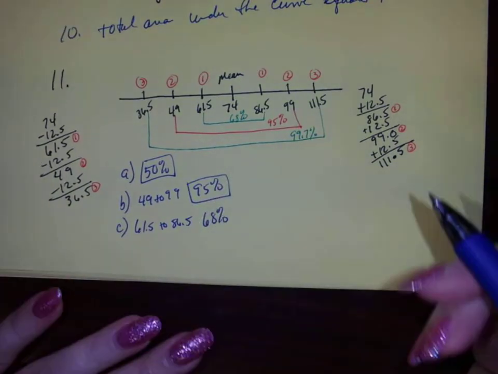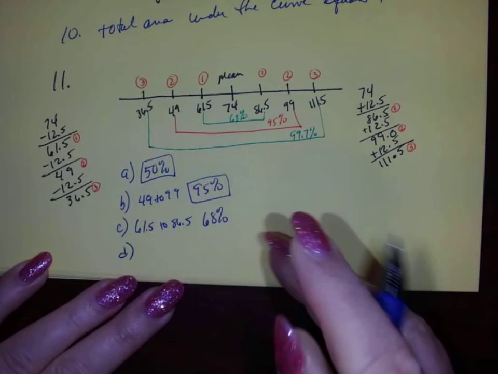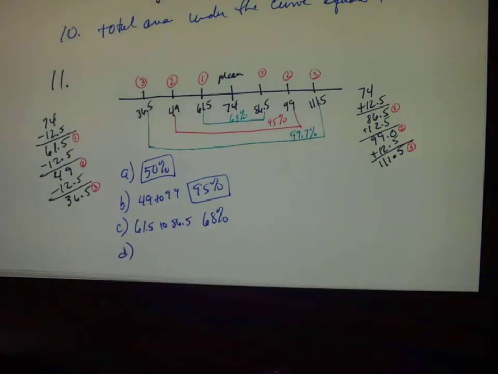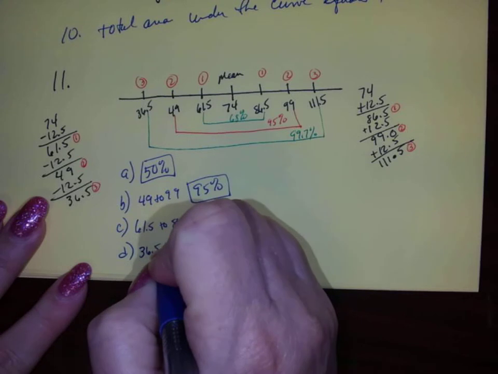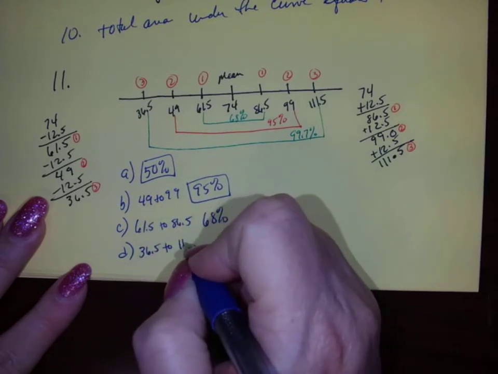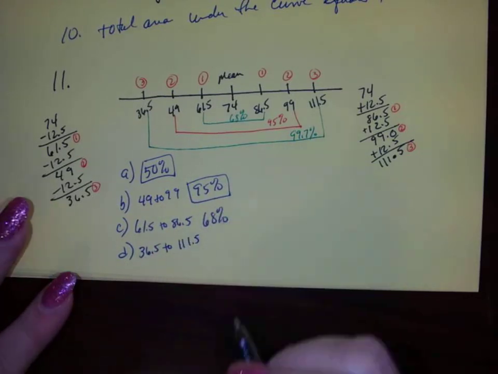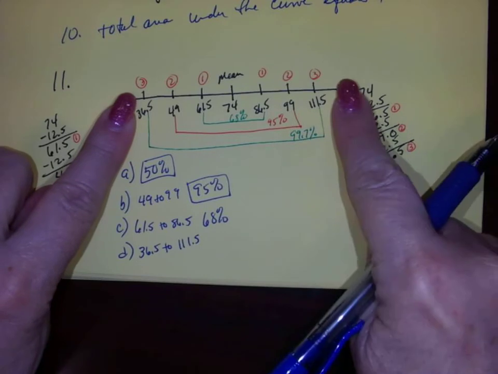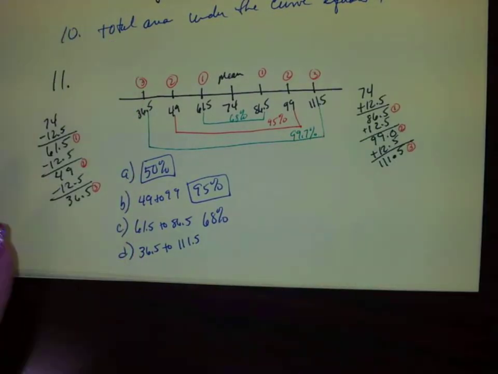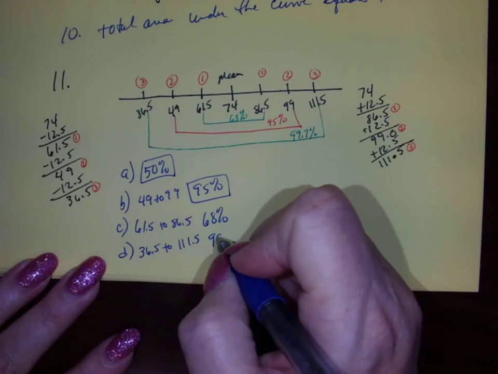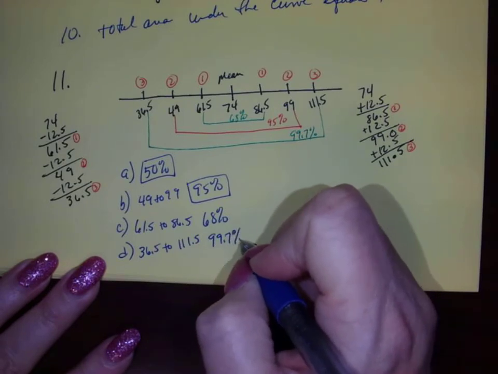All right, part D asks for the percentage of pulse rates between 36.5 to 111.5. Well, 36.5 to 111.5, that's within 3 standard deviations, so that's going to be our 99.7%.